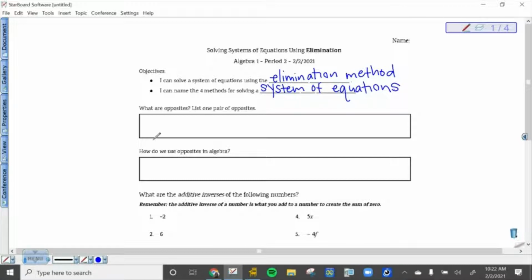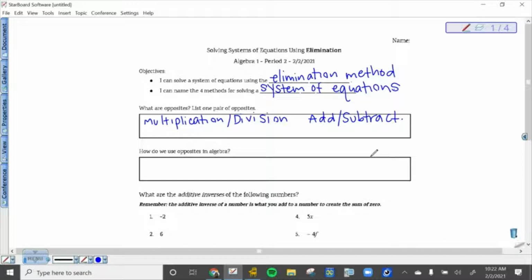Okay, and then someone give me, what is an example of an opposite or a definition of opposites? Multiplication and division. Someone else? Add and subtract, good. Anybody else?